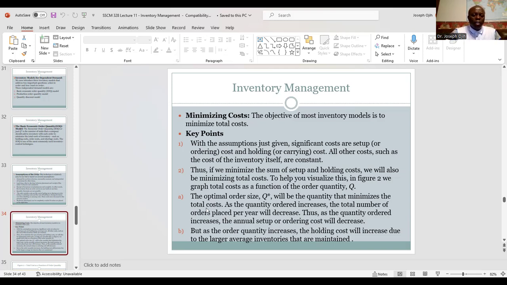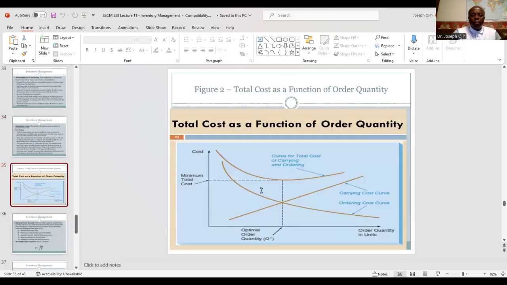In the figure I'm about to show you, we will graph the total cost as a function of the order quantity. You can see the minimum total cost and the optimal order quantity. The vertical axis is the cost, and the horizontal axis is the order quantity in units.